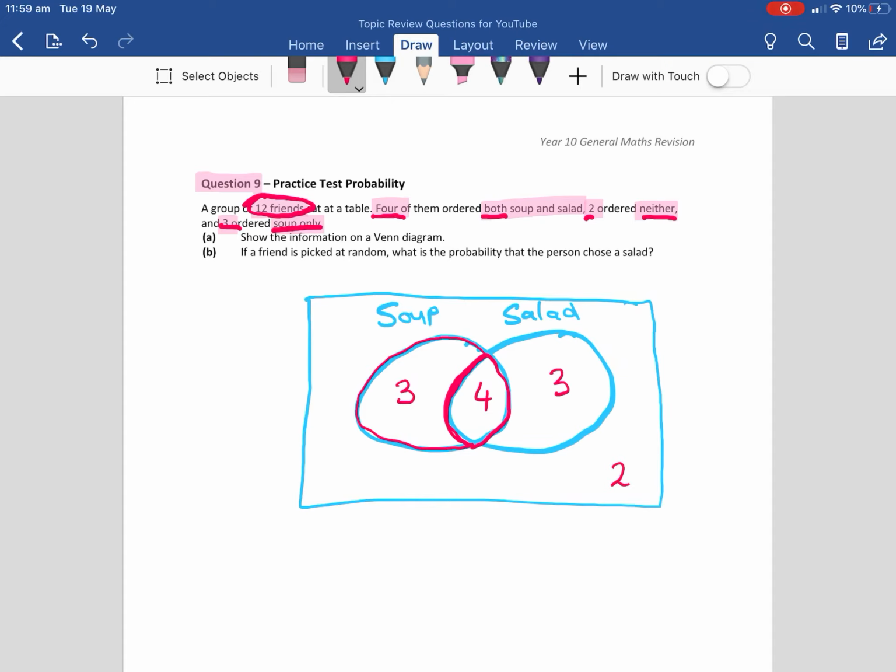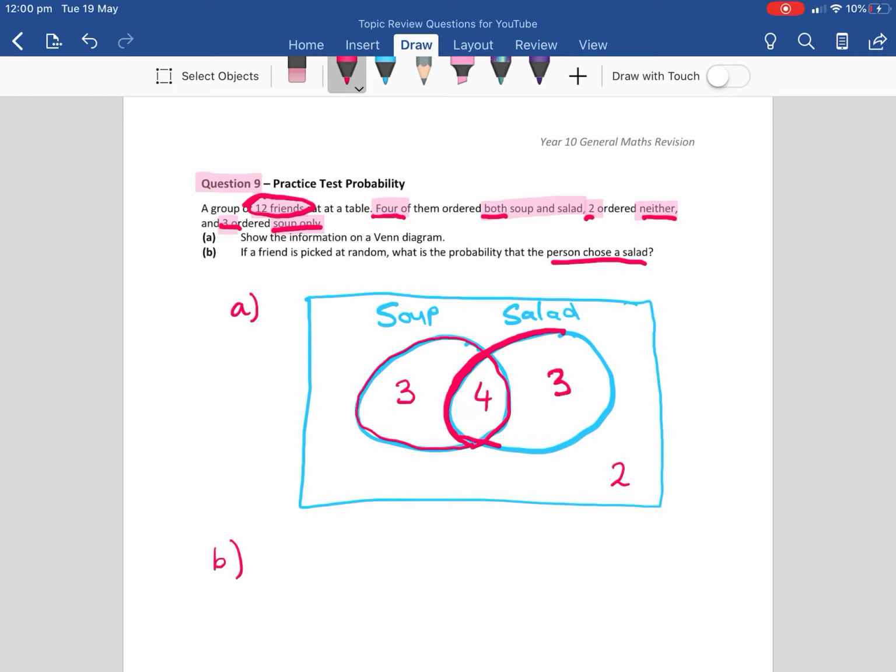So that's A. And then B says, if a friend is picked at random, what is the probability that the person chose a salad? So we found that 3 people like salad here, but don't forget, it just says chose a salad, so they could have chosen a salad only, or they could have chosen a soup and a salad, because that includes salad.